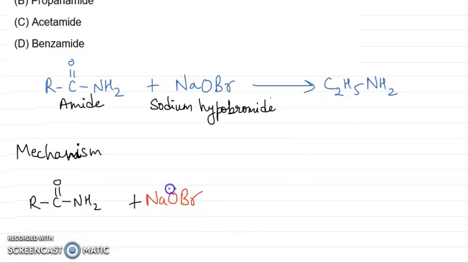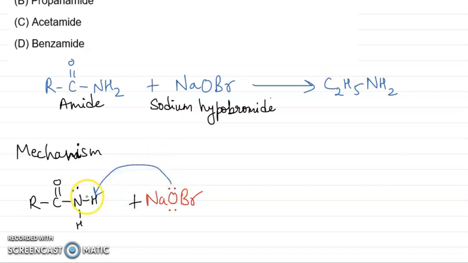In NaOBr, this oxygen has a lone pair of electrons. So what it does, it attacks the hydrogen atom bonded to the nitrogen group. So it will attack and abstract it.